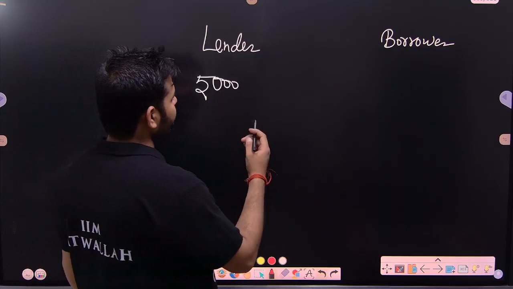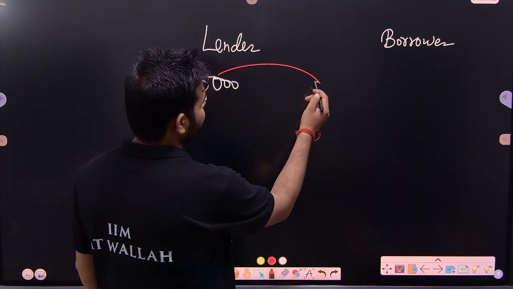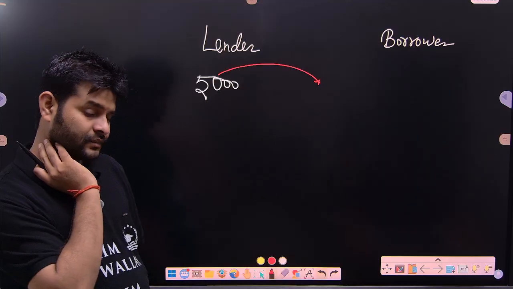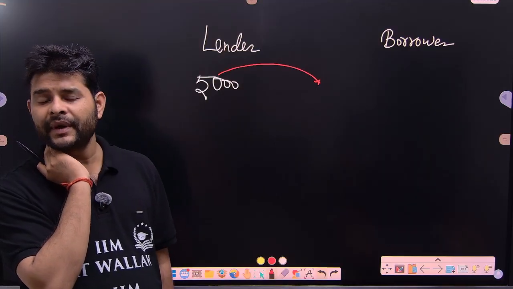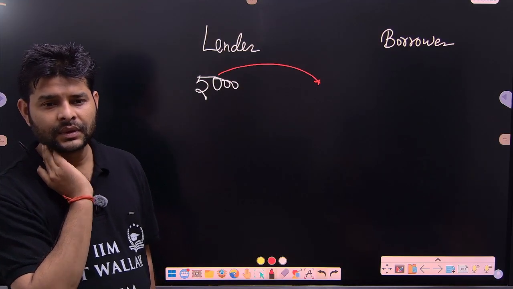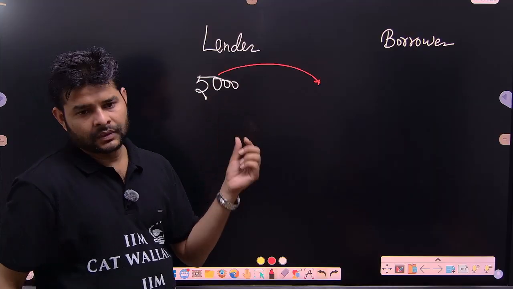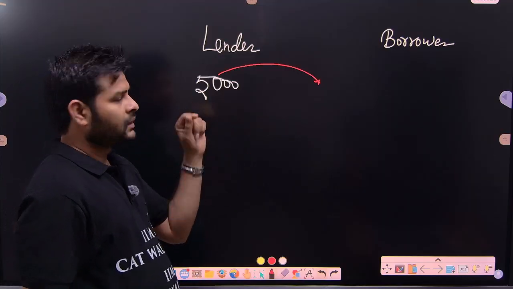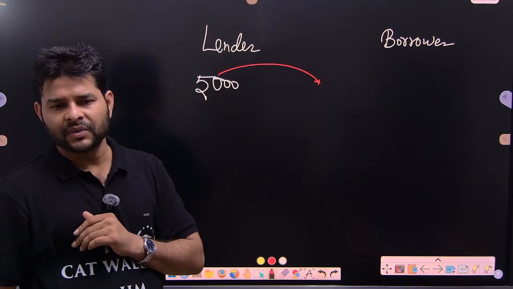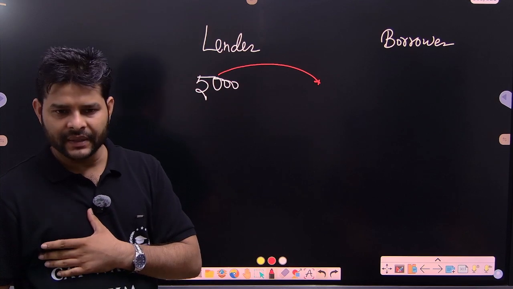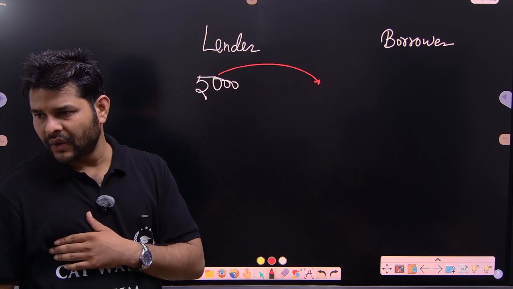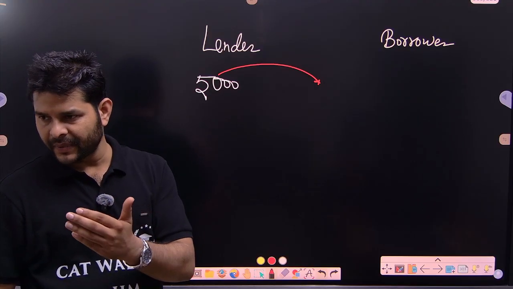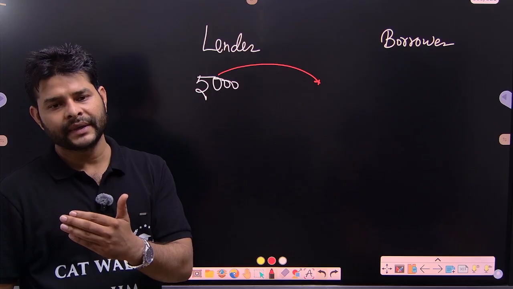So the interest of 5 years would be 2,500. On the basis of the 10% rate, the 10% of 5,000 would be 500. Because this is simple interest, it is not counted on interest.